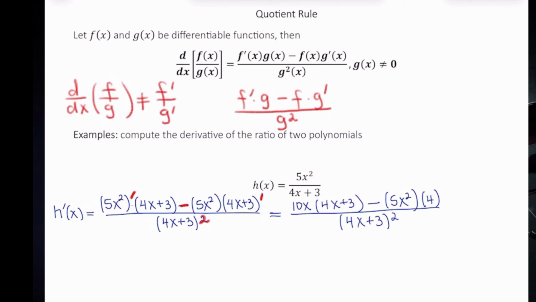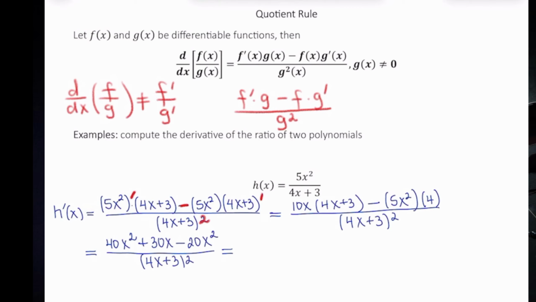Now I'm going to multiply everything through in the numerator. This becomes 40x squared plus 30x minus 20x squared. The denominator is unchanged. I'm going to keep it as factored like this.